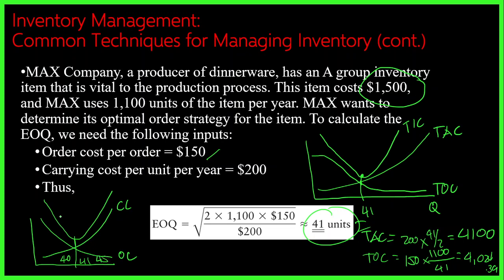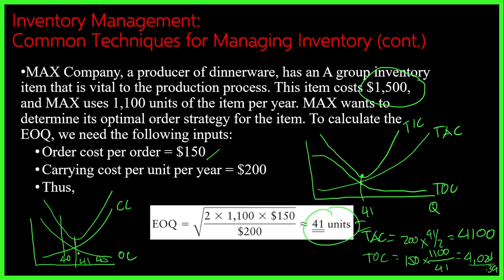Now, if you buy at 40, you will expect that there will be a lower carrying cost. But since you just buy at 40, you will be buying more frequently. So you will have higher ordering cost. And that will result to a total cost which is higher than the total of this 8,100 plus. So it will be higher.